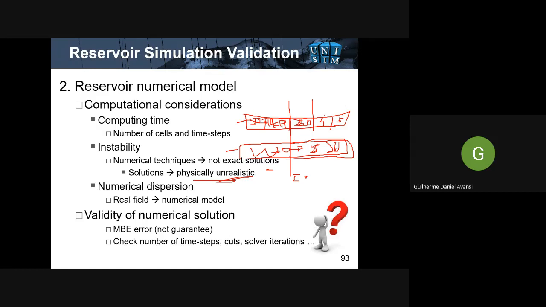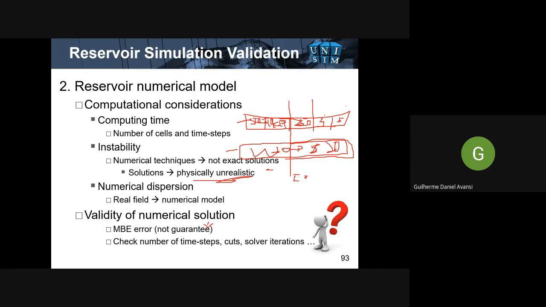So you need to be careful with this. When we build our reservoir simulation model, we need to check the consistency of the numerical solution. How can we do this? We can check the material balance error. This does not guarantee that everything is fine, but it's the first information that we need to check, along with the number of time steps, number of cuts, and number of solving iterations.